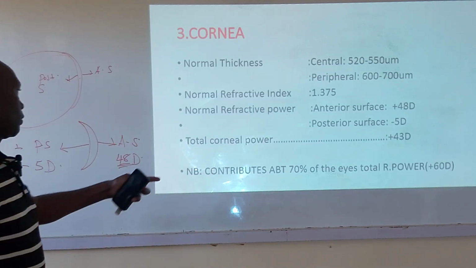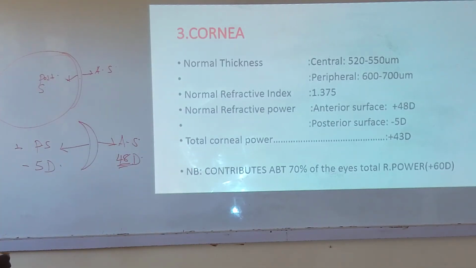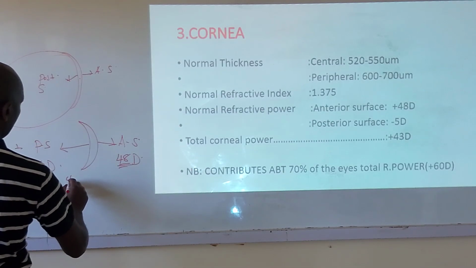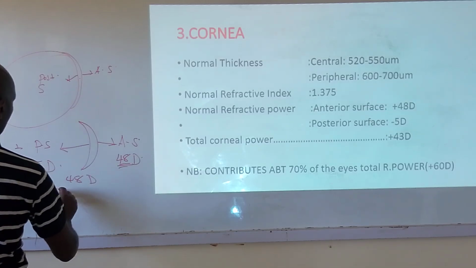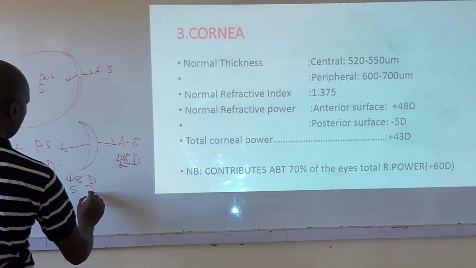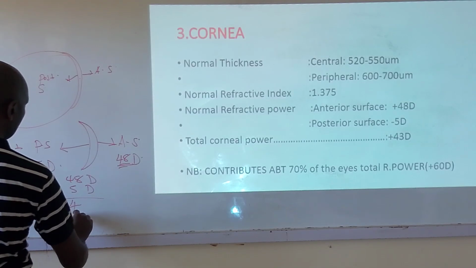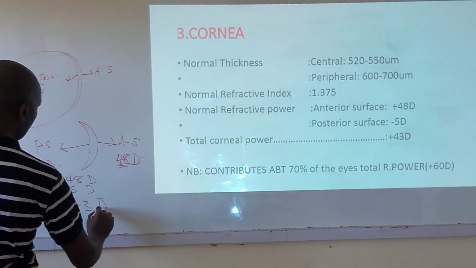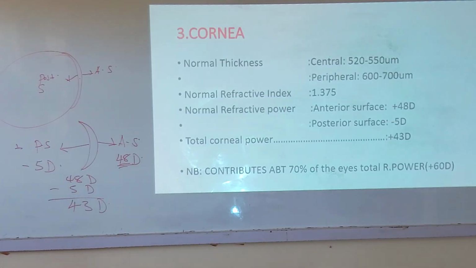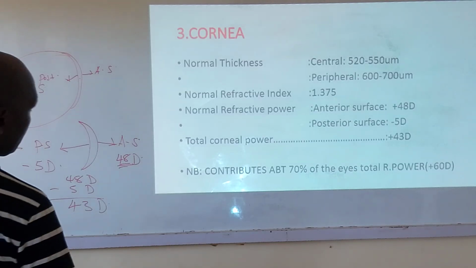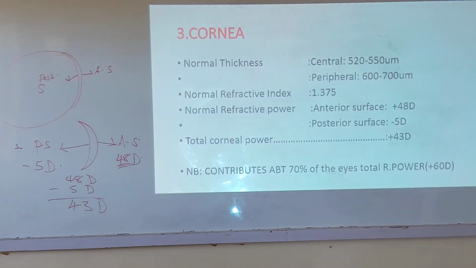So the total cornea power, you just add 48 diopters plus -5 diopters, and you get about 43 diopters. So the total refractive power of the cornea is about 43 diopters.